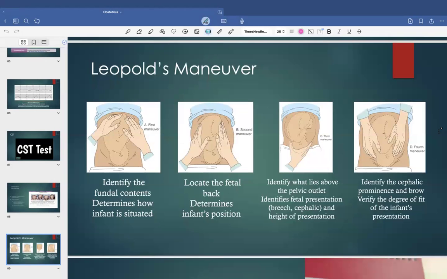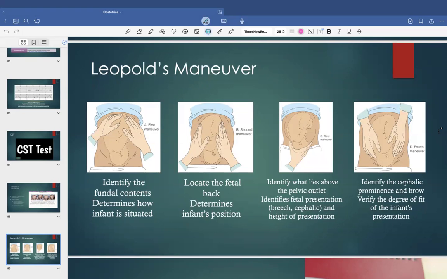That helps us determine also the infant's position. The back is smooth. Limbs, fingers, feet, toes are knobby. So the back is smooth, so you can kind of feel where you are. Am I on the baby's back? I'm on the baby's extremities. The back is also the most accurate area for fetal heart monitoring. So if you need to do any further testing, you want to use the back for that.